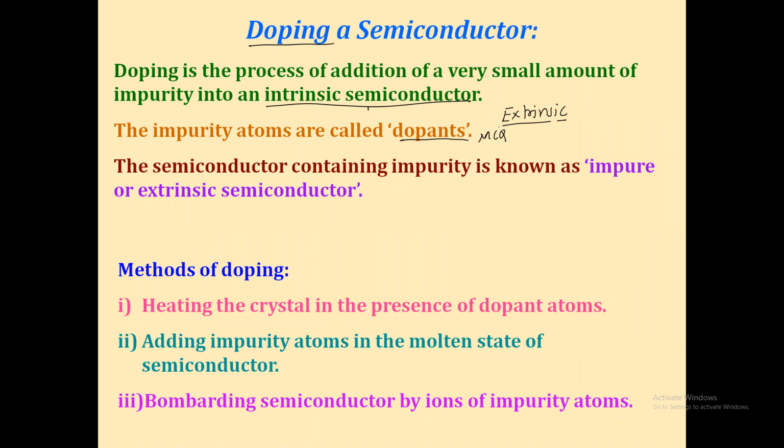So forget about it, but just remember what is meant by doping. Doping is the process of addition of impurity in a pure semiconductor material. The atom which is added in a pure semiconductor, we call an impurity atom, and it is known as a dopant. And when that impurity is added in a pure semiconductor, it is known as an extrinsic semiconductor.